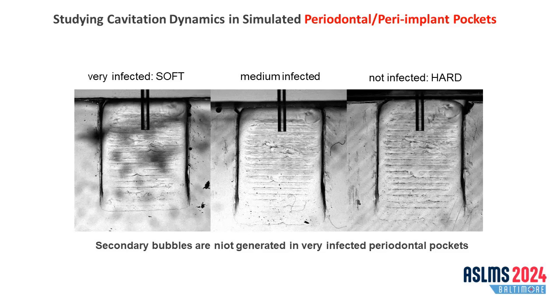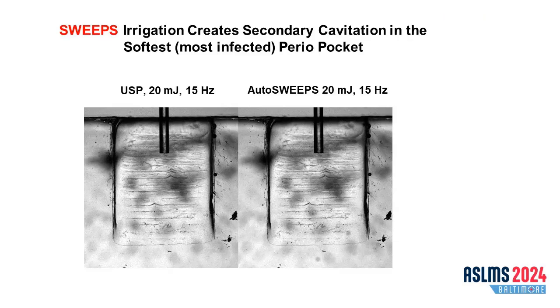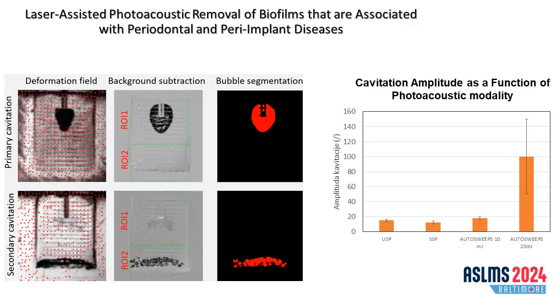And soft walls, as we found out, dampen the oscillation of bubbles even more. So this is an example of very soft. Also, if you look at soft tissue, if it's infected, if the periodontal pocket is affected, this tissue is even softer than normal. So the softest tissue means the most infected tissue, and the less soft, what we call hard tissue, is still soft, but it's not infected.